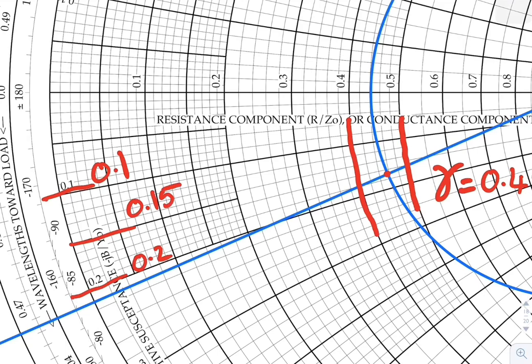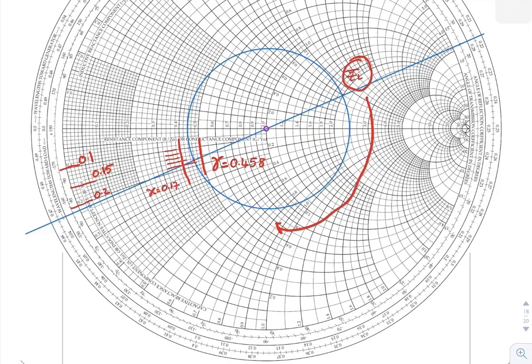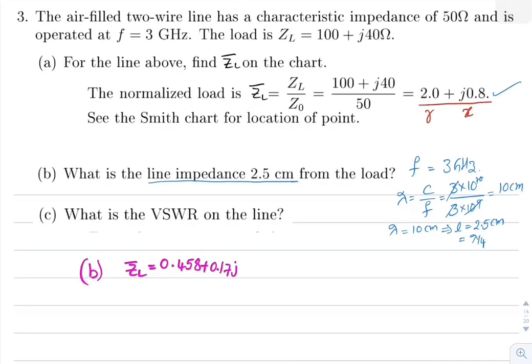If this is 0.10, this is 0.12, this is 0.14, this is 0.16, and this is 0.18, it is in between these two. Therefore x equal to 0.17. Therefore the required normalized impedance ZL bar equal to 0.458 plus 0.17 j.